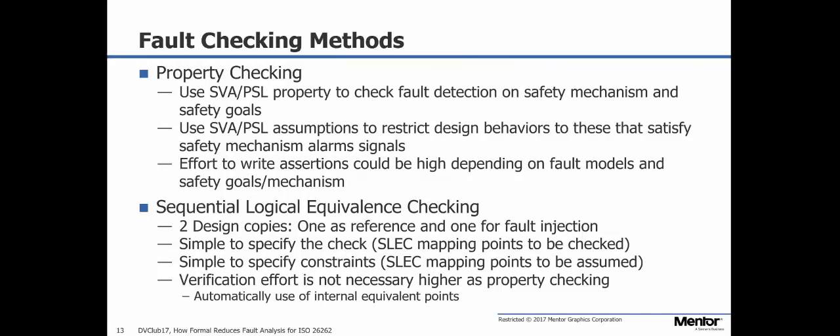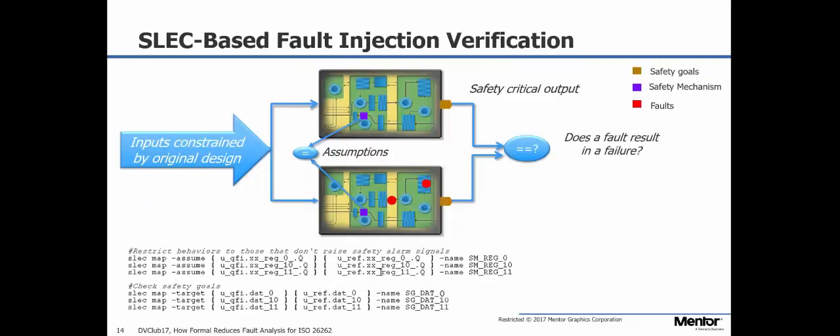And when we have safety elements, we want to say that if there are any faults in the paths that we are interested in, they will be covered, checked by the safety elements, by the safety mechanism. So the safety mechanism points here are used as a kind of assumption.